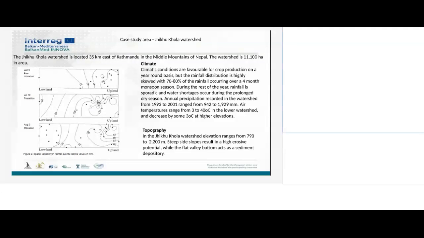Climatic conditions there are favorable for crop production, but the rainfall occurs generally during the 4 months of the monsoon season, and topography in the area is characterized by elevation from 790 to 2020 meters above sea level. Steep side slopes result in a high erosive potential, while the flat valley bottom acts as a sediment depository.